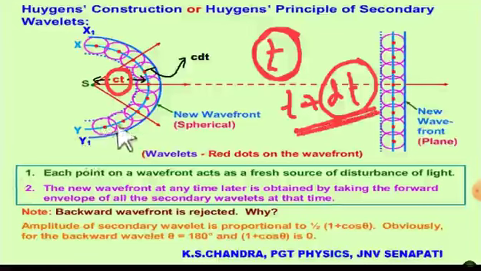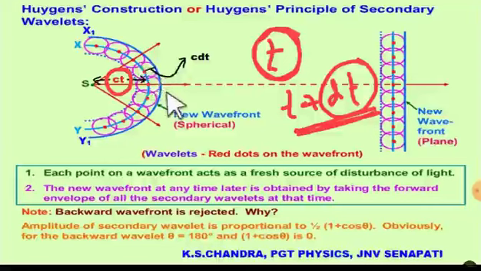At this time, all the points on this primary wavefront will act just like a fresh source of light, a source of disturbance. That means light waves will be emitted in all directions. As this is a spherical surface, the source will have a spherical nature, and it will be emitting light in all directions.